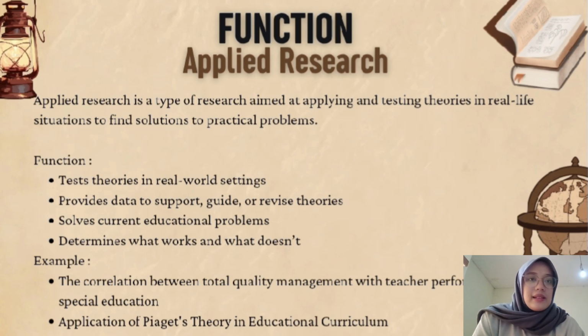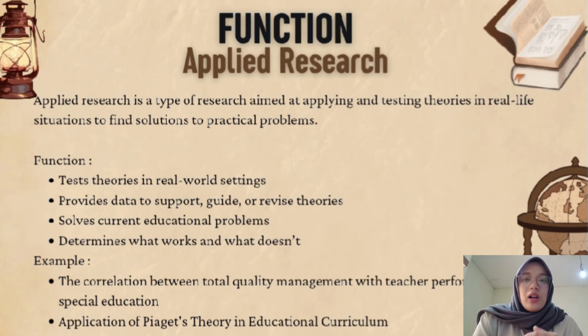And then the next function of applied research is to solve current educational problems. So it addresses challenges in education, such as improving teaching effectiveness or increasing student motivation. And then the last function of applied research is to determine what works and what doesn't.